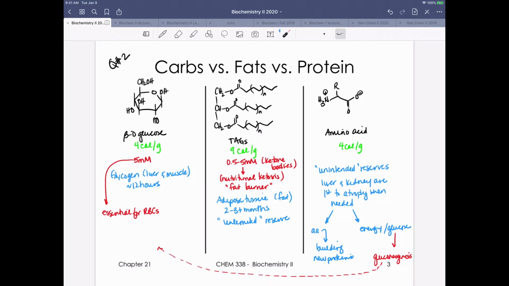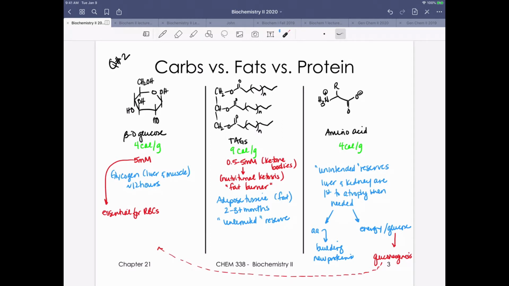But again, remembering that the purpose of consuming amino acids or proteins is not necessarily that they're used as a fuel, but really that they are used as a building block. Not only a building block for other proteins, but for lots of other important biochemical metabolites, which may be amino acid derived.